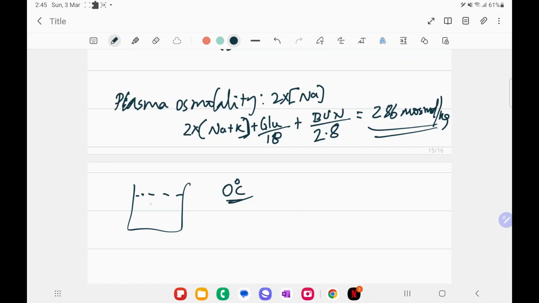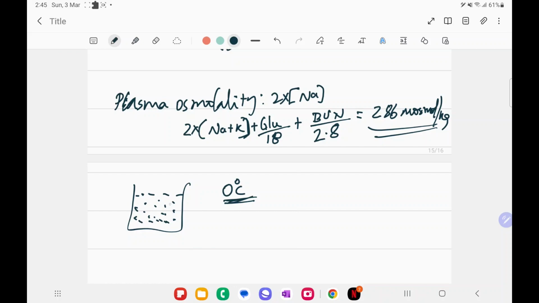Now, what I want you to know is, if you add a little bit of salt, the freezing point changes. It won't freeze at 0 degrees. It will freeze at a lower temperature, and if you add more salt, it freezes at an even lower temperature. So this becomes a problem if you want to freeze food.